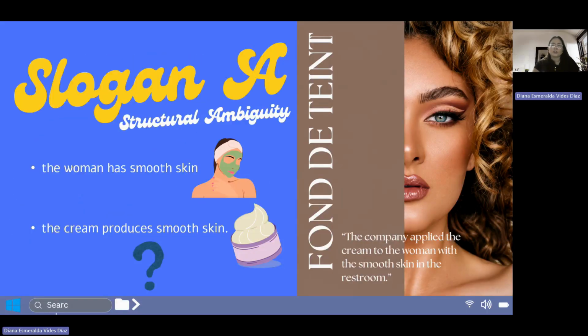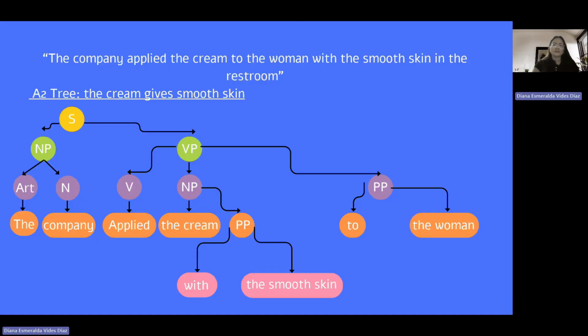But on the other hand, it could also mean that the cream is the product that produces smooth skin. So let's break it down again. Now the PP with the smooth skin is connected to the cream here. So the cream gives smooth skin. In this structure, the prepositional phrase modifies the cream, creating a different interpretation.